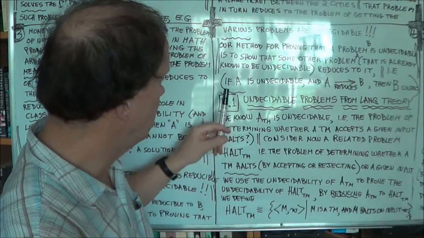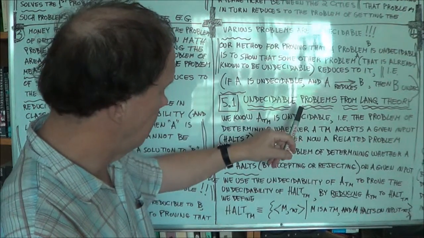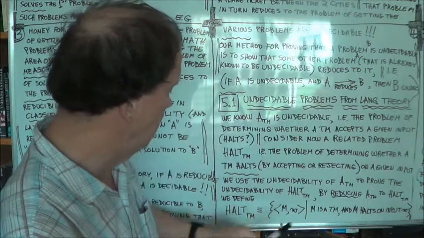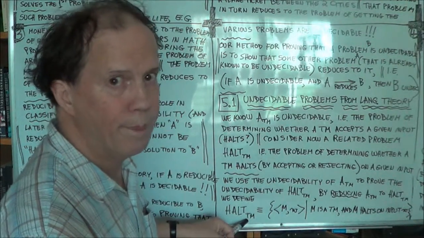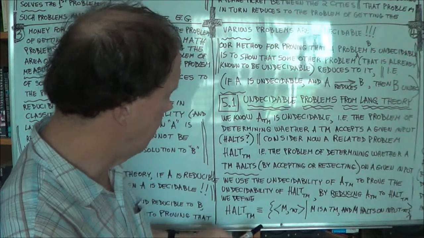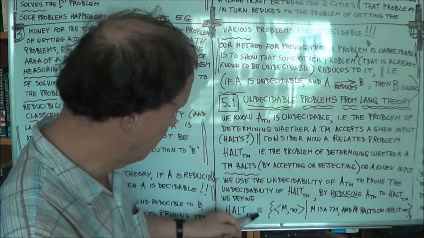So we will take the A_TM problem and reduce it to the halt problem. If we can do that, we then know that HALT_TM must be undecidable.